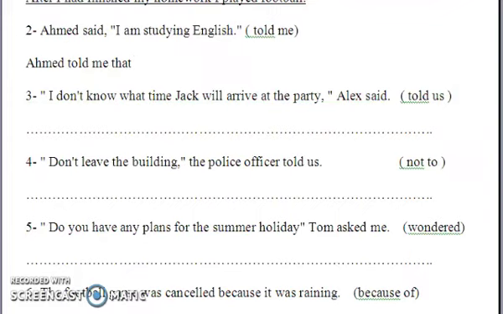After using that, I change the pronouns and the tenses. Which pronoun goes back for Ahmed? He or she or it or they or you? Yes, Ahmed told me that he. Then I use the past of the tenses. I have here present continuous. I must change it to past continuous. And the past continuous consists of was or were plus verb plus ing.